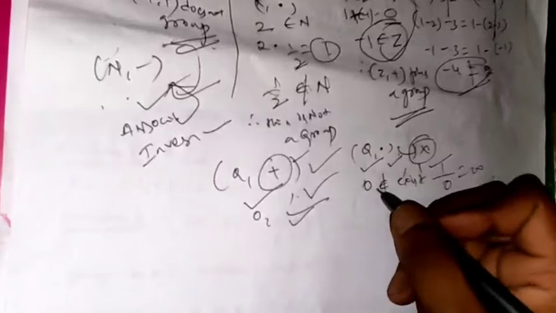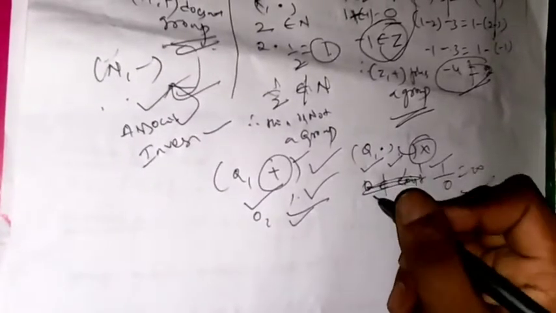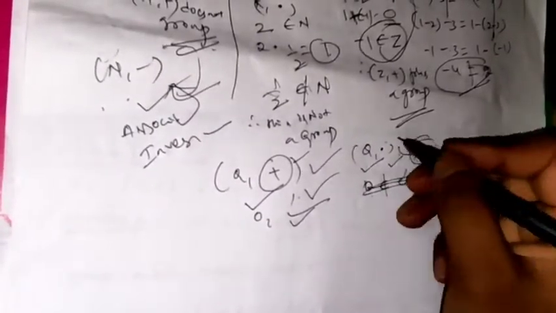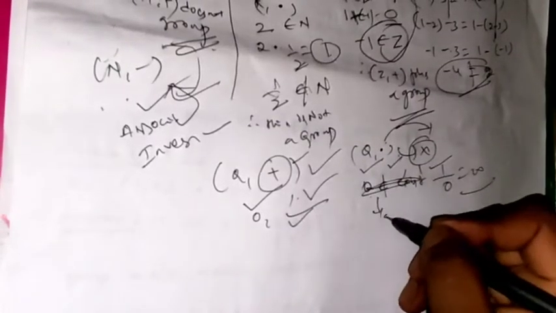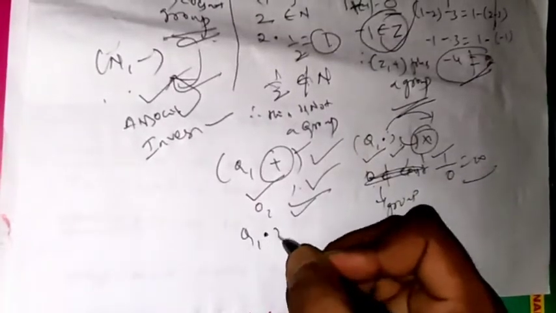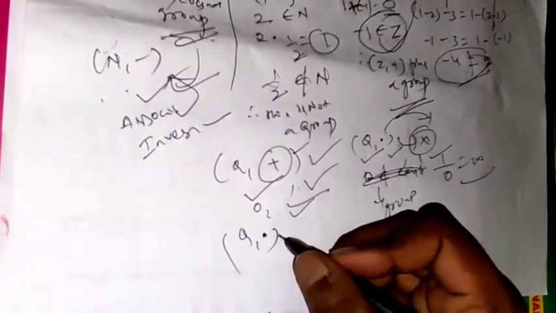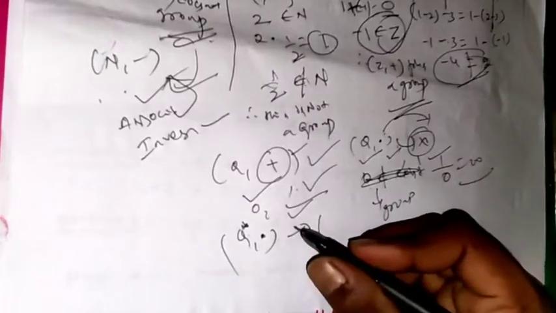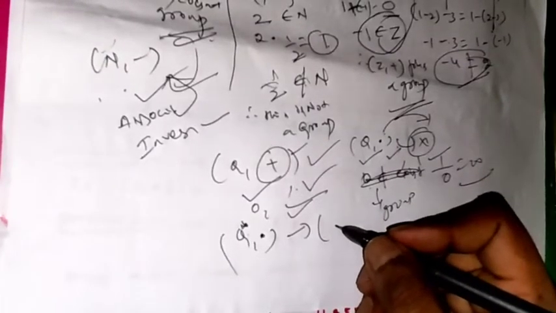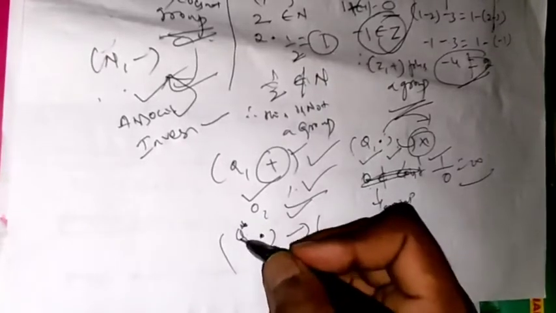The inverse of 0 does not exist, therefore this does not form a group. And whether Q comma dot, that is Q star dot, what does that mean here? Except 0, all the elements are present in Q. This satisfies the group.